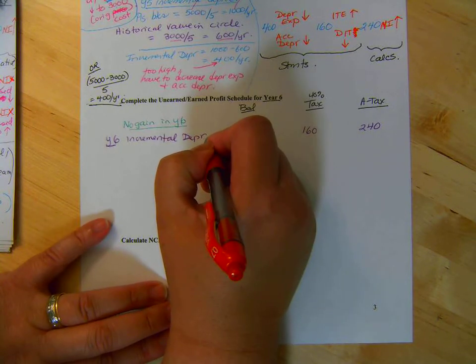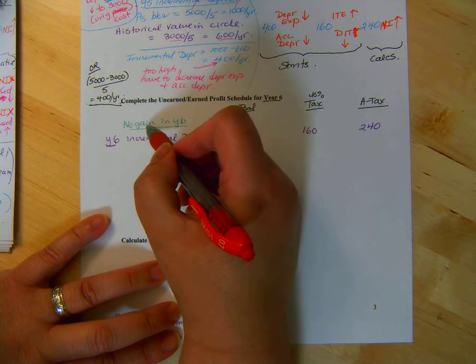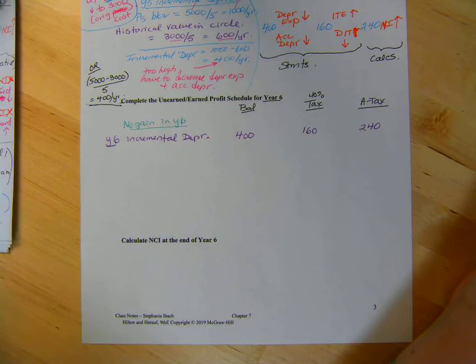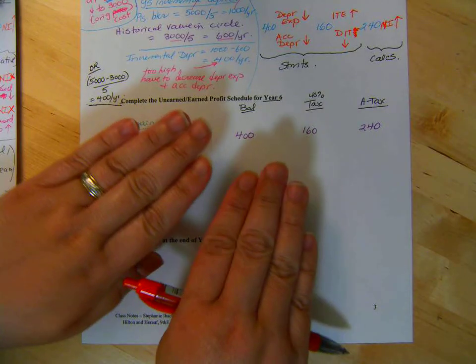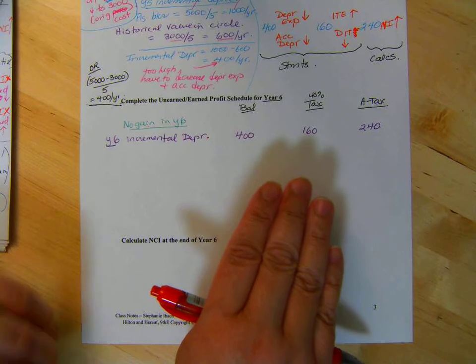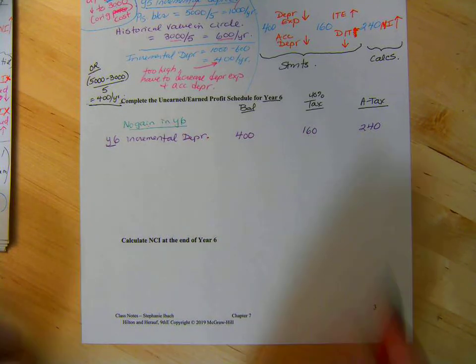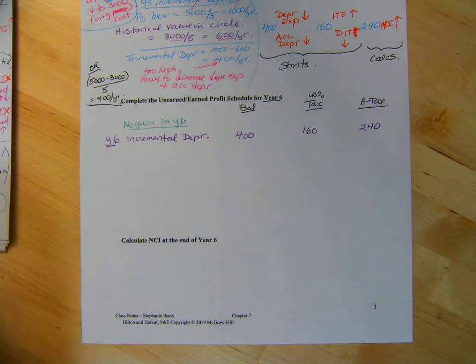Okay, so incremental depreciation was from a gain. So whoever had the gain on their books, in this case it was the parent, their depreciation expense is way too big. So we pull their statements and the sub-statements. Well, we look at depreciation and it's too big because they're using 5,000 when in the circle they should only be using 3.